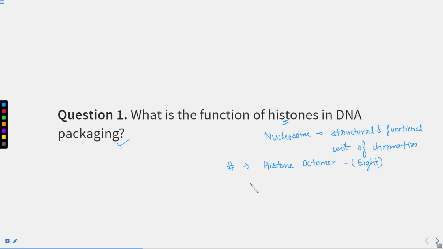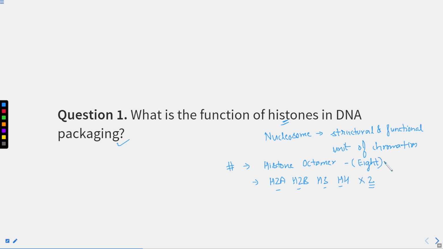What are these histones? There are pairs of these 4 histones. Actually 4 histones are present in a nucleosome: H2A, H2B, then we have the H3 and H4. These are the 4 histones and a pair of these, so you can multiply it by 2.